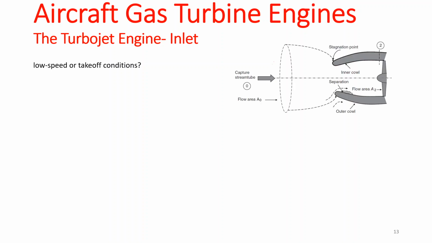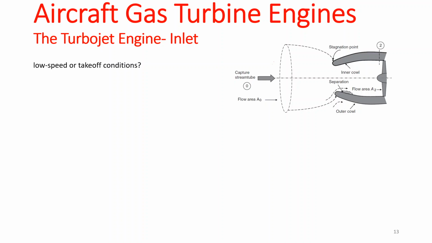But what's going to happen when you are taking off or at a very low speed flight? You have the opposite effect, meaning that your area is going to decrease. So you are going to have an acceleration instead of a deceleration. And we need to have the same thing happening inside the inlet as well.